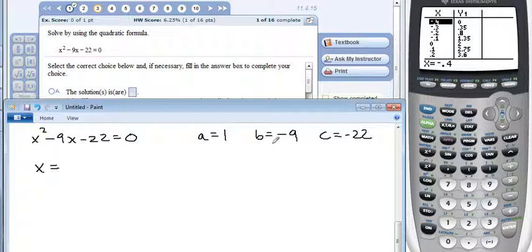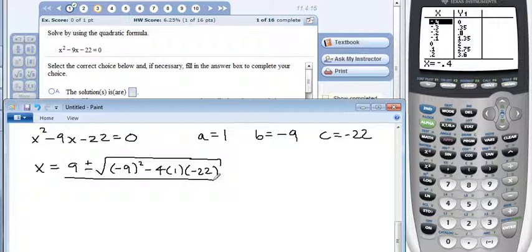Minus b would be the opposite sign of b, so that's a positive 9, plus or minus the square root of b squared minus 4 times a times c. Everything is divided by twice a.